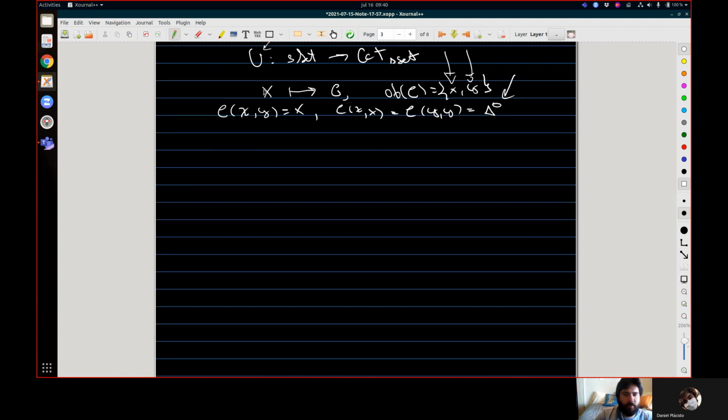So, with this in hand, we'll define the generating cofibrations. We'll have two collections, I1 and I2. I will denote the collection of generating cofibrations. So this will be U of the boundary inclusions.